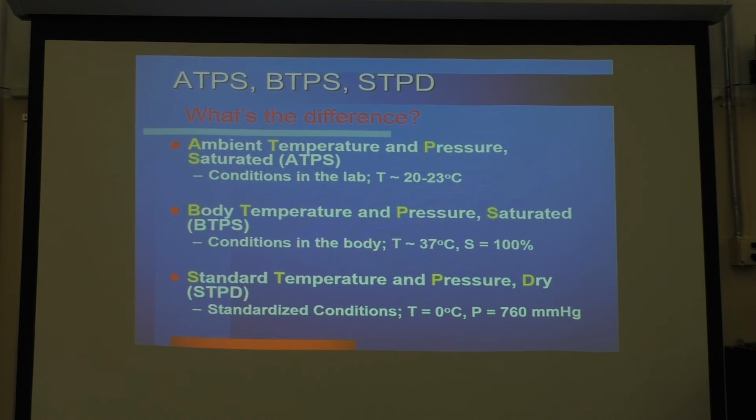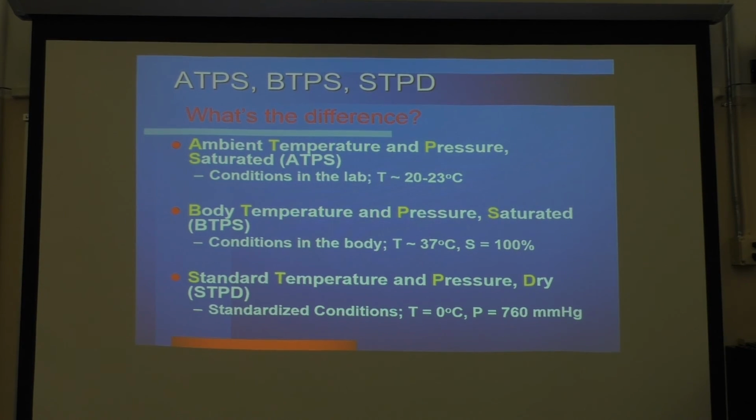So why do we care about this? Well, given what we just talked about with Charles' law, about how gas volumes can change, it's important to consider what happens when we breathe a volume of air from inside our body, BTPS, our lungs, out into the atmosphere, ambient temperature pressure saturated, or ATPS.